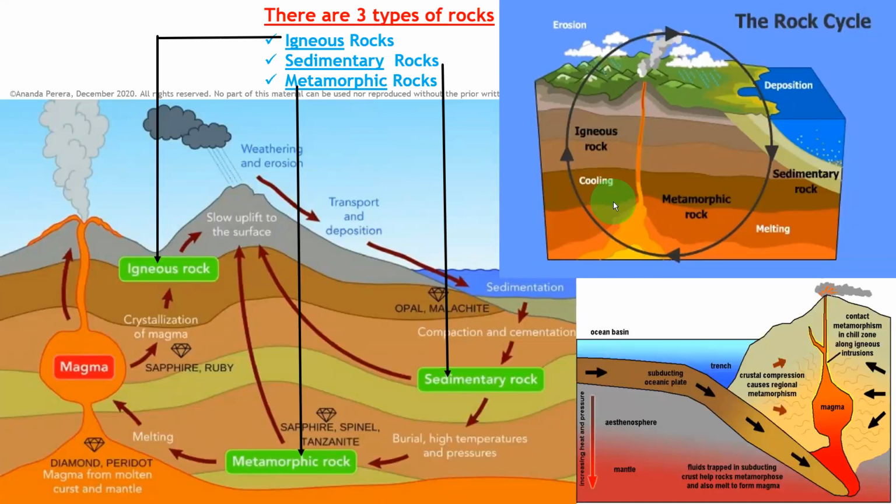That is science. Then look at this picture. Ocean basin. This is the ocean. This is the crust. On top of the crust, there are plates. There are 8 plates inside the earth. All the ground and the oceans are on top of these plates.